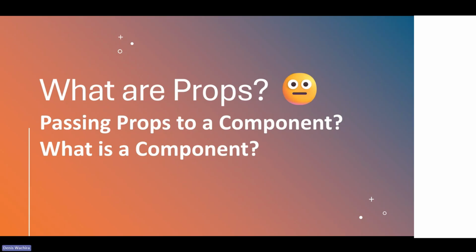rest. Then we talked about how you can spin up a React project using Vite, which is npm create vite. Then we did some intro of how we do the templating using JSX.